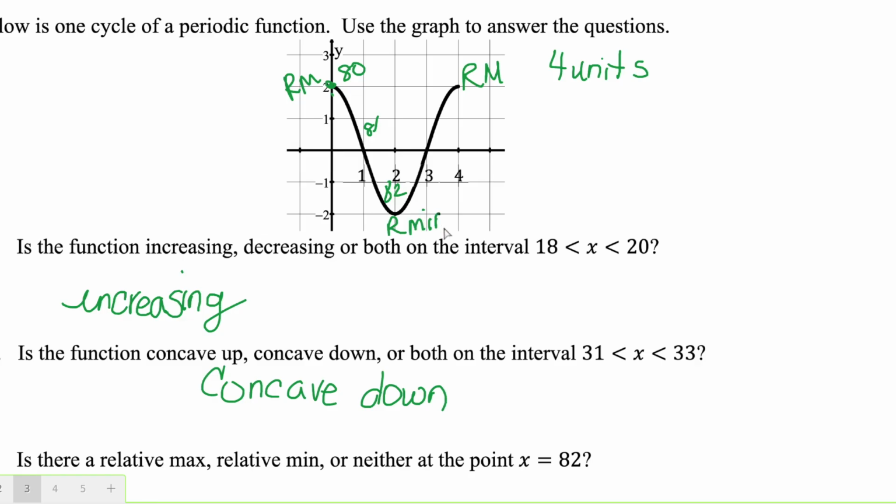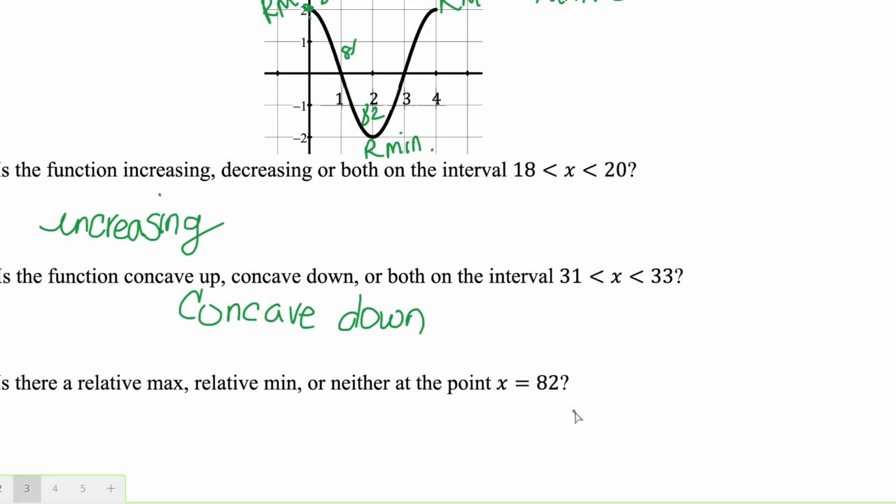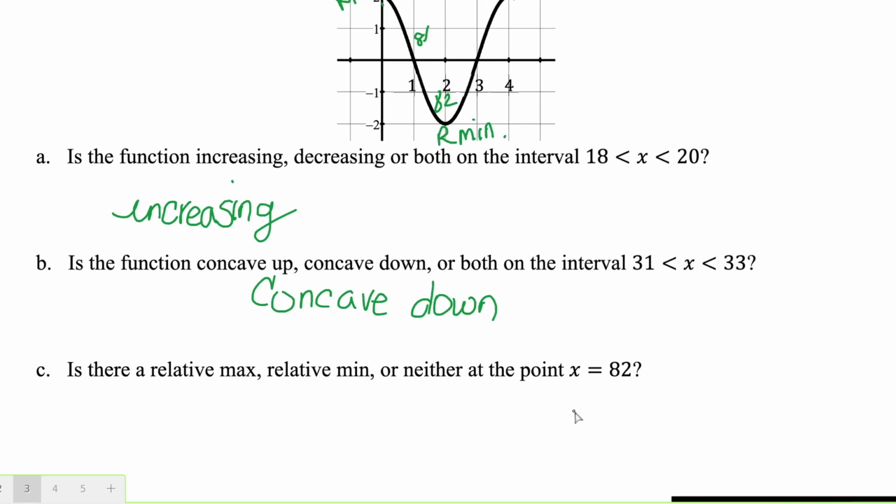I'm just going to write min, okay, because they both are M anyways. All right, so this is a relative min. This is all the lows in all my graphs. So if you notice, 82 is at a relative min. All right, so this is definitely a relative min.